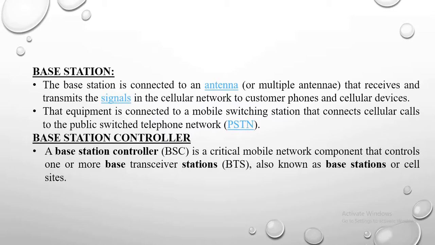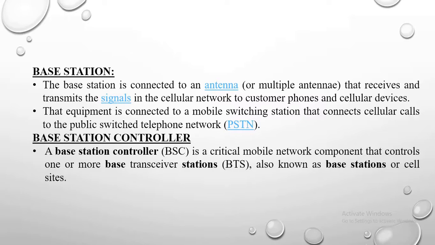And next, you are going to have the base station controller. A base station controller controls one or more base transceiver stations. That means a group of cells are going to have different base stations. All base stations are connected to one base station controller, so it is going to control all these base stations which are in that cluster area.